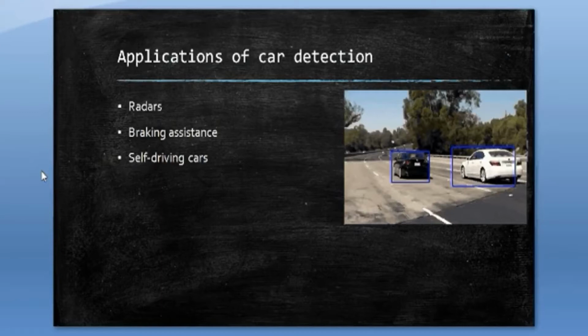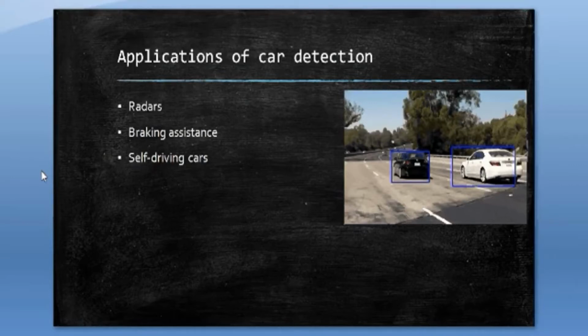Braking assistance. If I drive my car and there is a car that might collide with me, braking assistance will use car detection to know the distance and will apply the brakes at the suitable time.